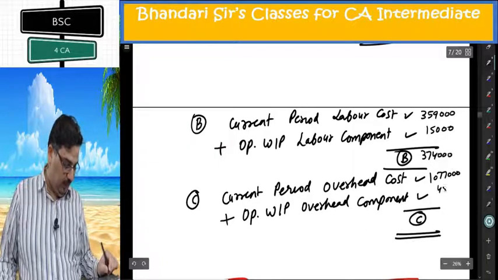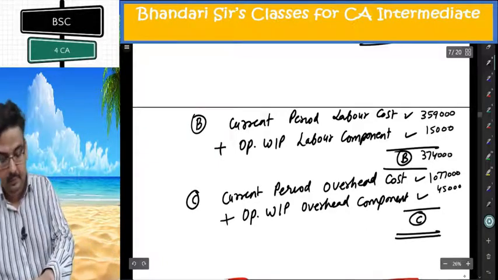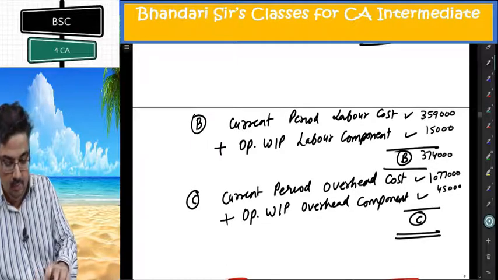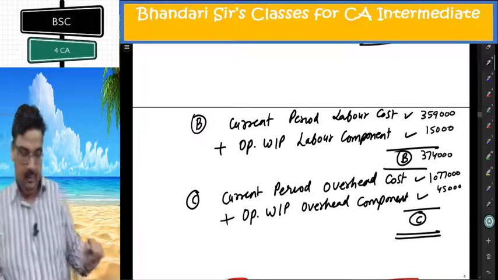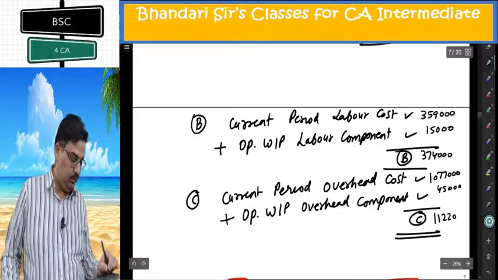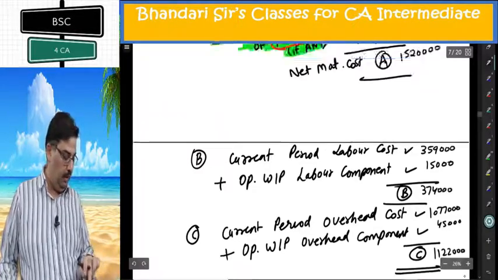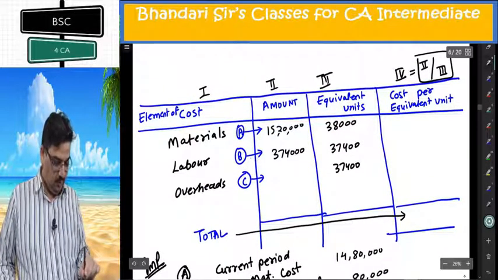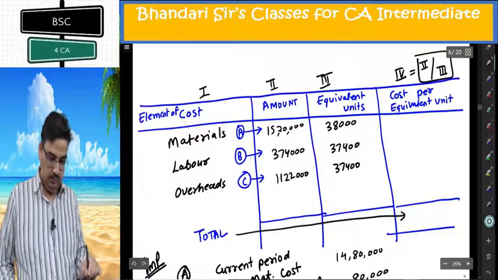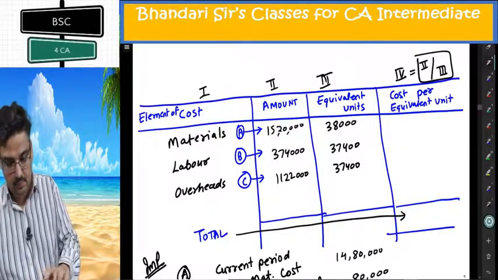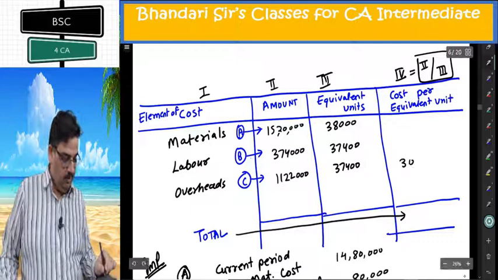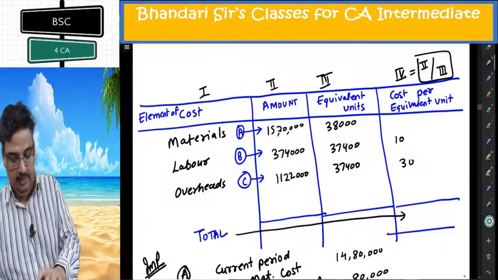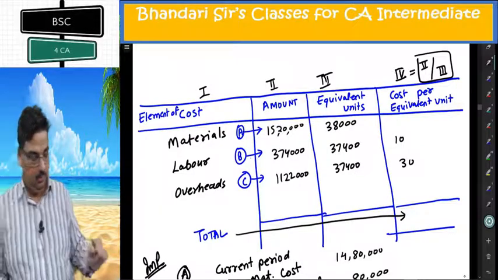Add 45,000. 11,22,000. 374 and 1122. This is 30 per unit. This is 10 per unit. 1520 divided by 38,000. 40 per unit.